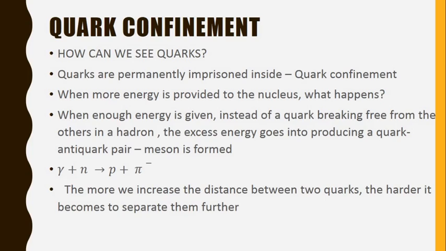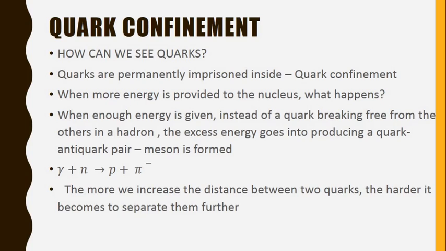So can we see these quarks when we tear the proton or neutron apart? How can we see the quarks? The answer is the quarks are permanently imprisoned inside, and that is known as quark confinement.